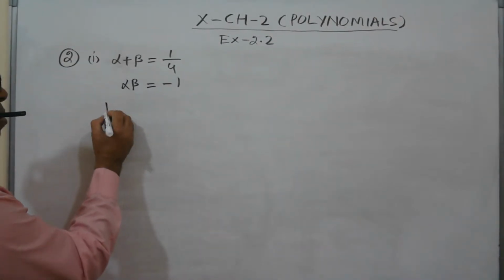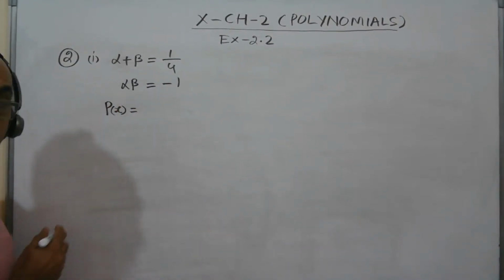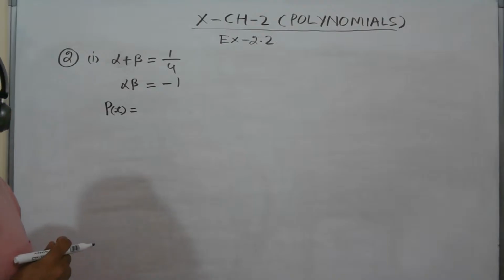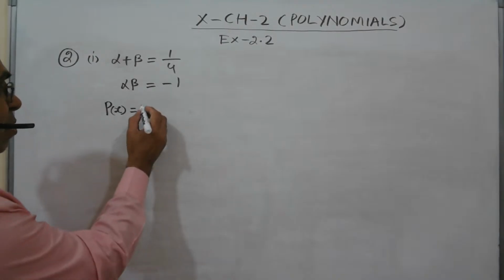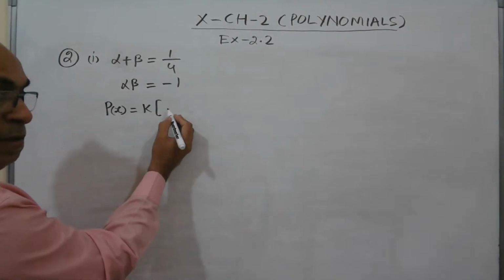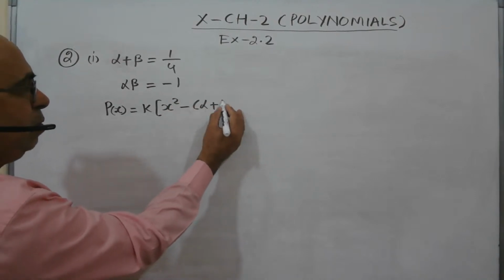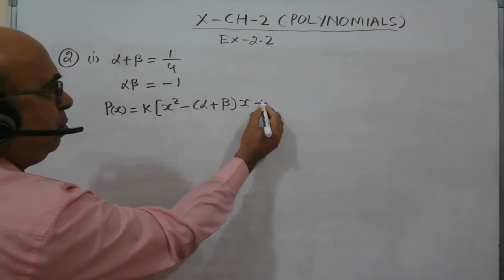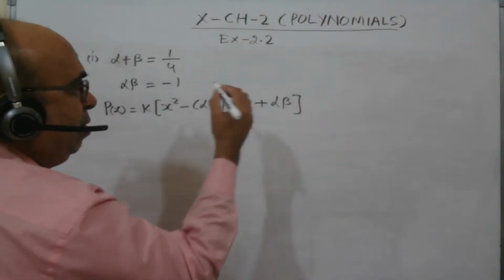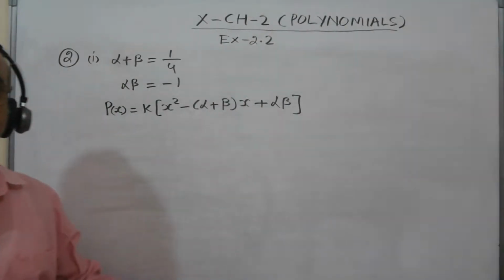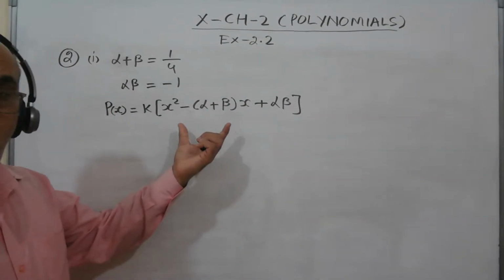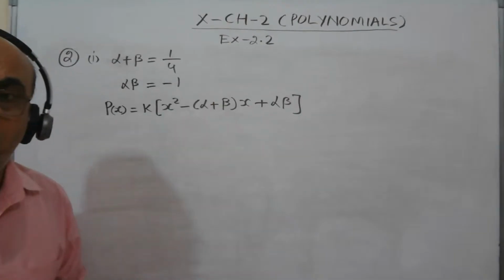What is the polynomial? Tell me the formula. This is the formula to find the polynomial when the sum and product of zeros are given.